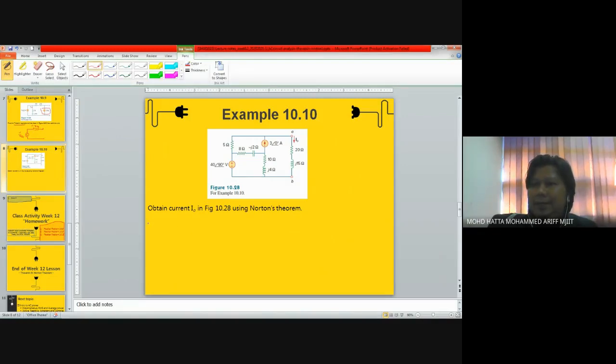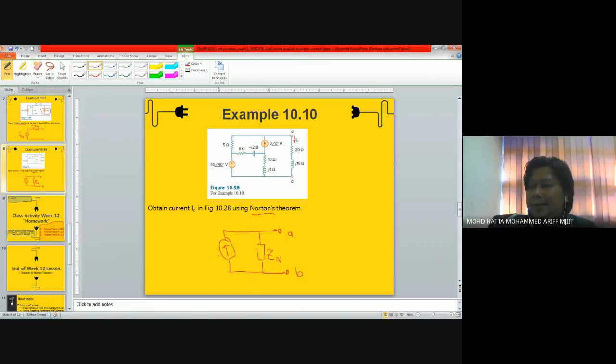Okay, in this case, what we need to come up with is a Norton equivalent circuit. So remember that for a Norton equivalent circuit, we should have a current source in parallel with our Norton impedance over here, and this is the terminal we are looking at.